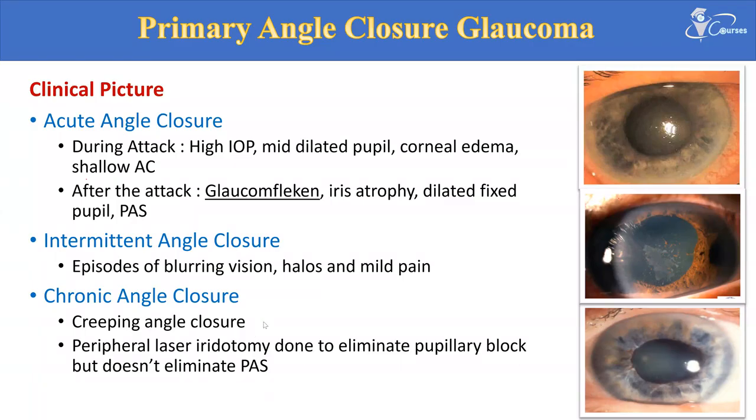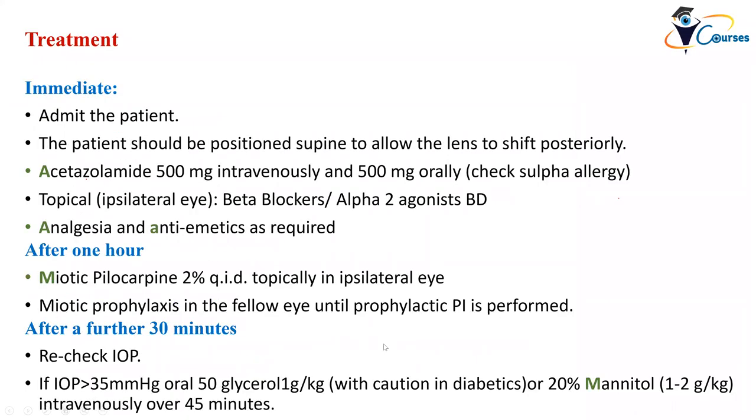Okay, you're welcome. So let's now talk about how to manage the acute attack. The acute attack is a medical emergency, so we need immediate management. Those patients should be admitted and positioned in the supine position to allow the lens to shift posteriorly, giving them acetazolamide, a carbonic anhydrase inhibitor, 500 milligram intravenously and 500 milligram orally, after checking the sulfa allergy and the other contraindications that we are going to speak about at the end of the lecture.